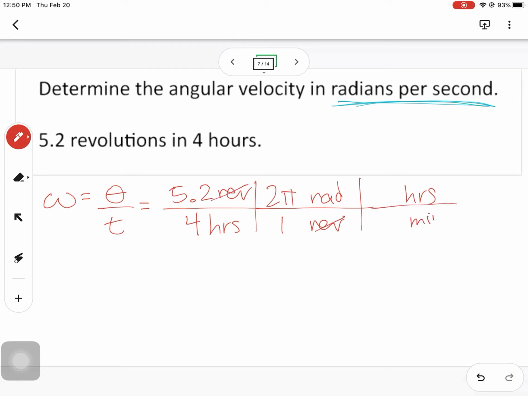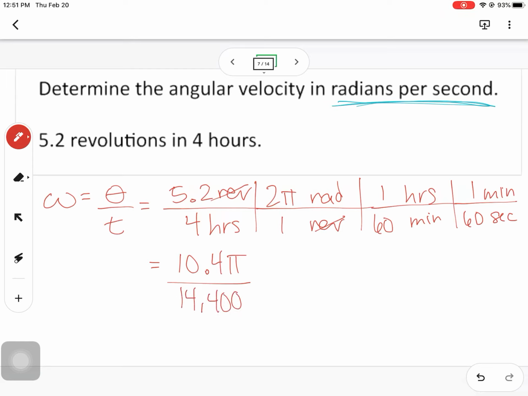You can go from hours to minutes, which is what a lot of people like to do, and then go from minutes to seconds. Or you can do it at once if you know 3,600 seconds are in an hour. Then I'm going to multiply straight across, so this is 10.4 pi over 4 times the 3,600 is 1440. And again, I'm just going to leave that as is because I like to keep these exact.